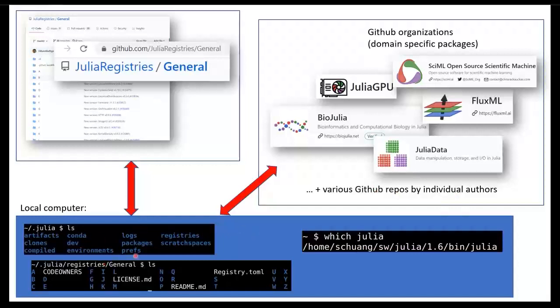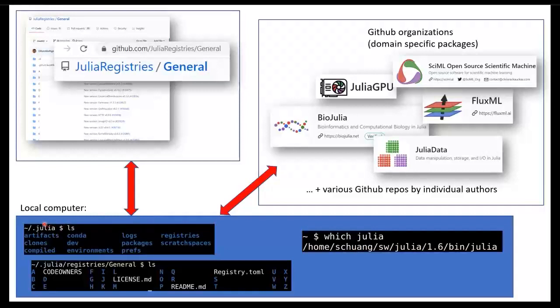The third part of this structure is on the local computer. Typically, Julia is installed somewhere on the file system. For example, in my case, the Julia executables are installed under a location in my home directory. This location is separate from the other location I'm going to talk about.